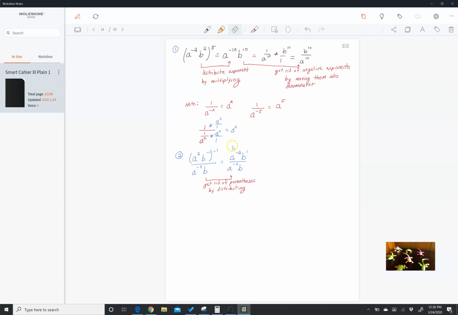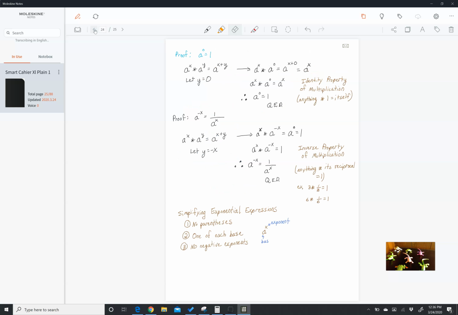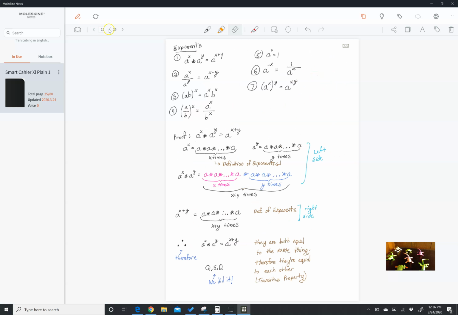Now if you see here, there's more than one of each base, right? There's an a in the numerator and an a in the denominator. So we're going to use that rule where if we have the same base and we're dividing, we subtract the exponents. So that's what we're going to do.